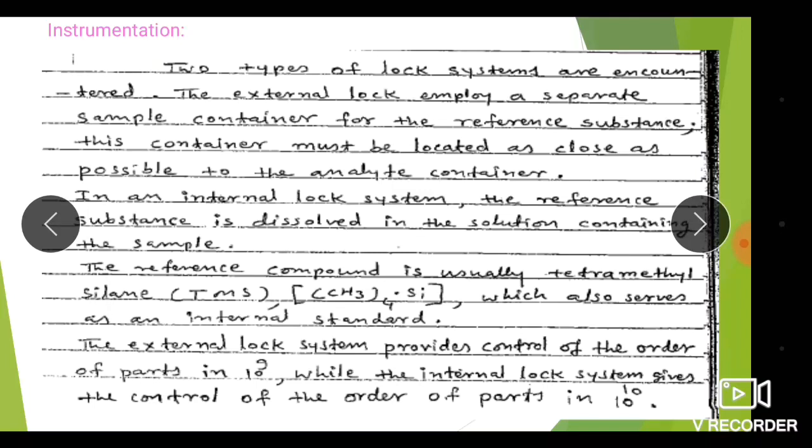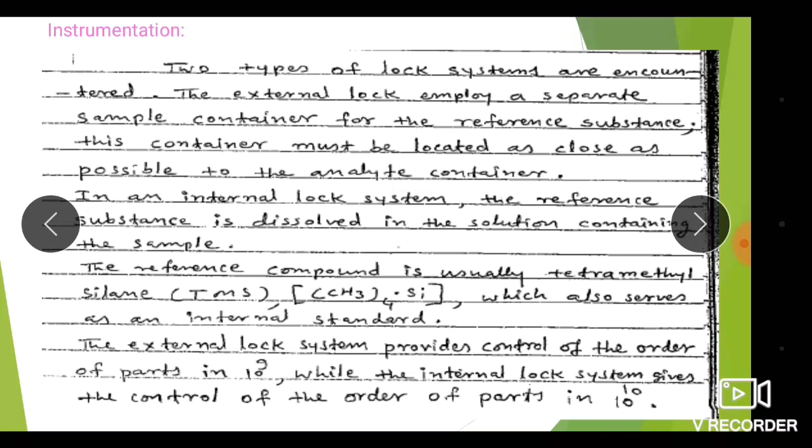So in the external system, the reference and the sample analyte are close together, and in the internal system the reference substance is dissolved in the solution containing the sample.